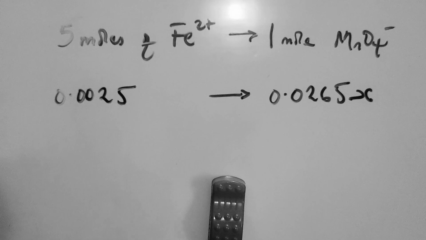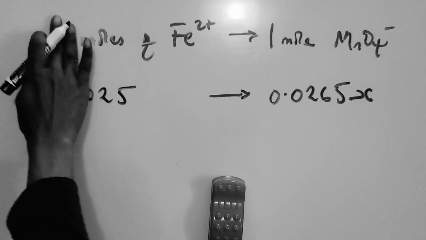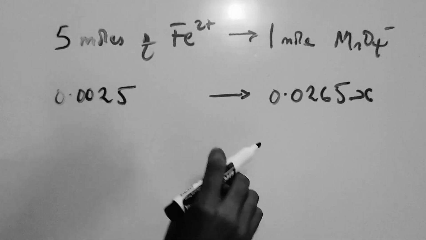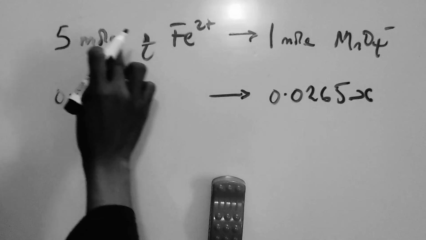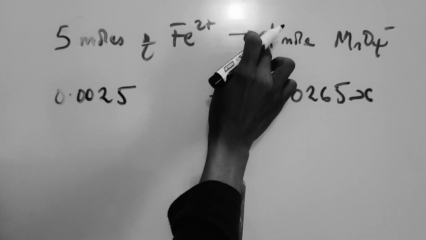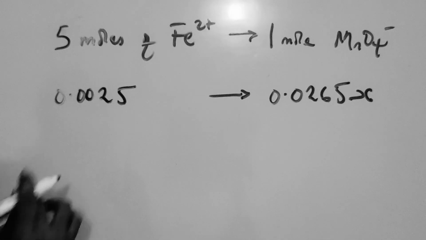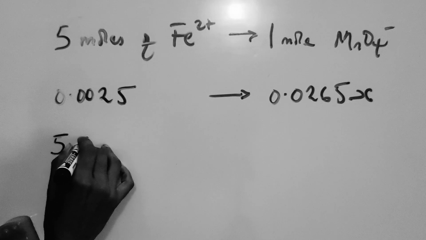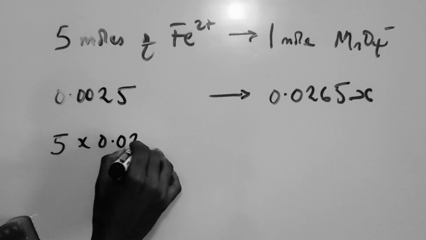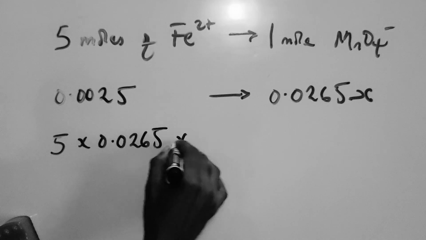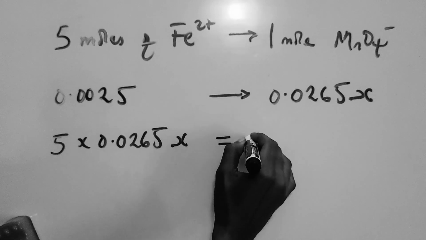The next thing you're going to do, remember there is a 5 here, is multiply this by this, equate it to multiplying this by this. So I'm going to have 5 multiplied by 0.0265x. 1 times this is still 0.0025.